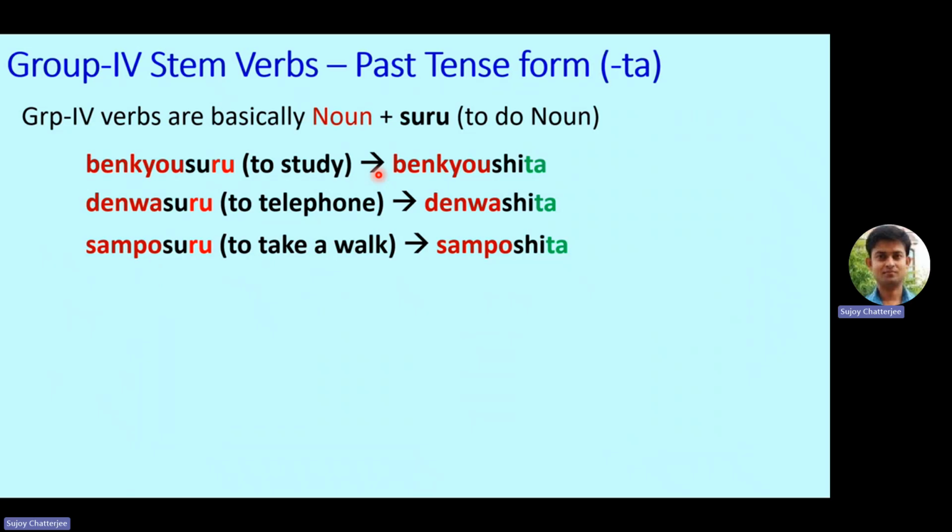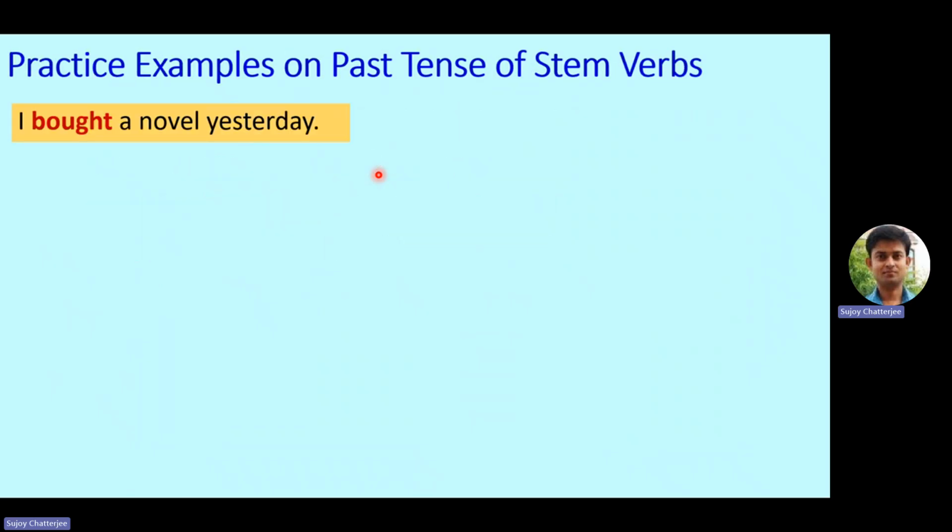If you know group 3 past tense conversion, then group 4 is very simple, only the conversion from suru to shita, whereas the noun remains unchanged. Now we are going to look at several examples involving the past tense of stem verbs. We will use both group 1 and group 2 verbs and also some group 3 and group 4 verbs as well.